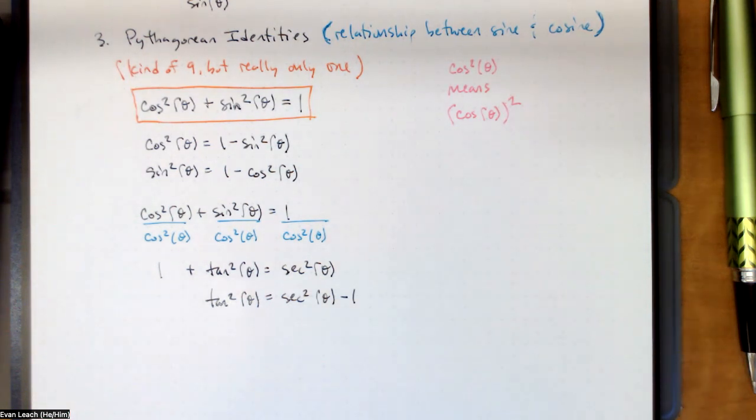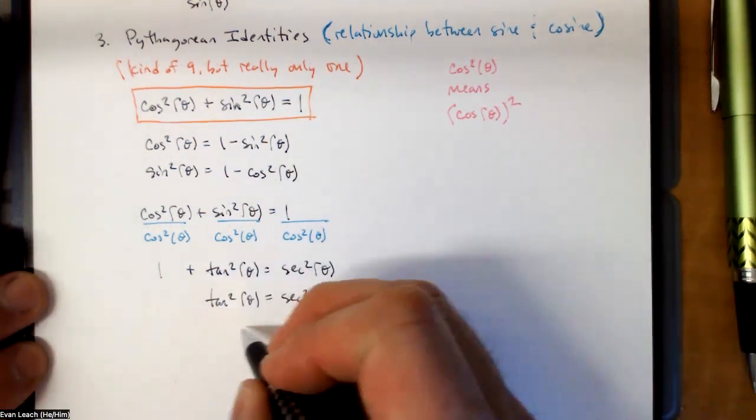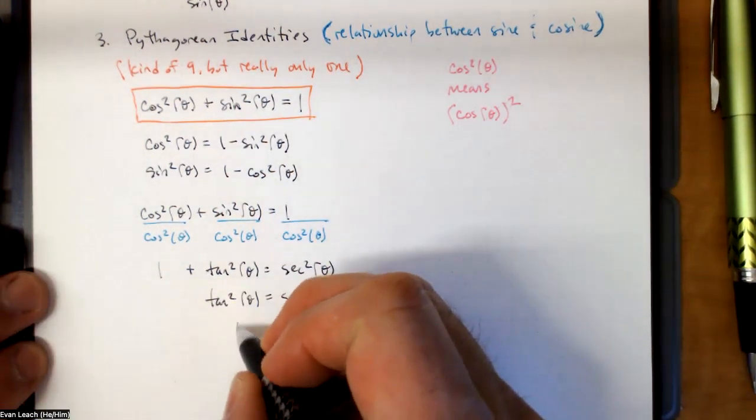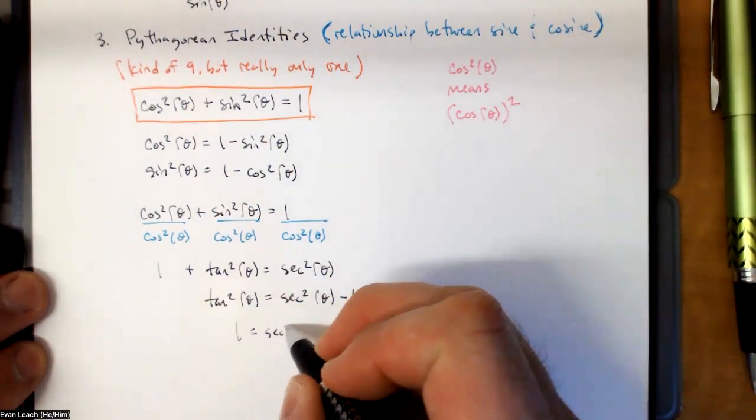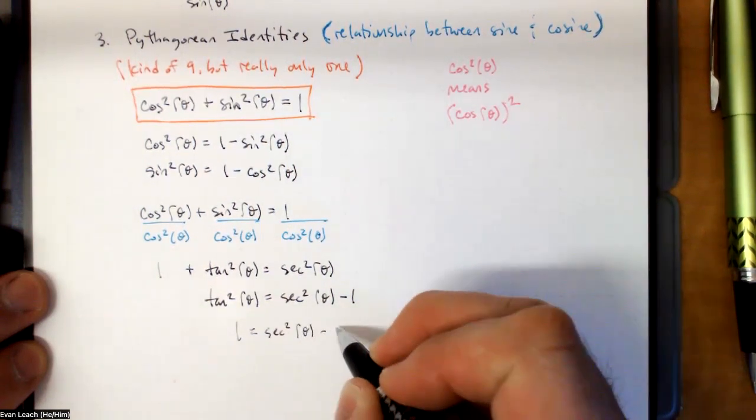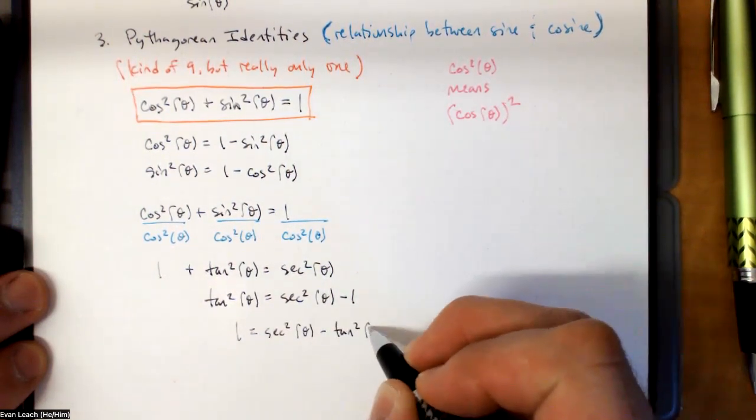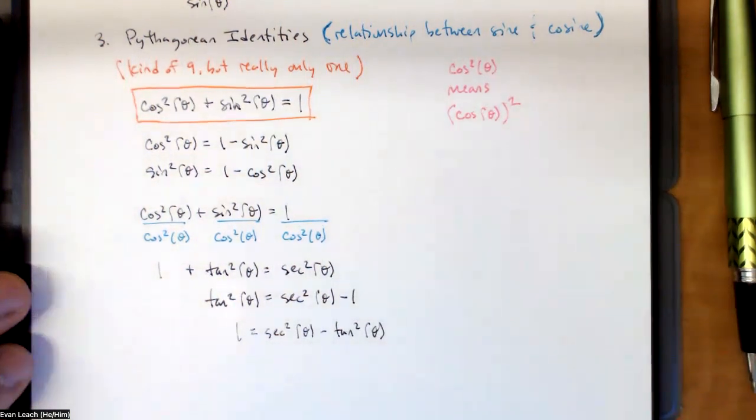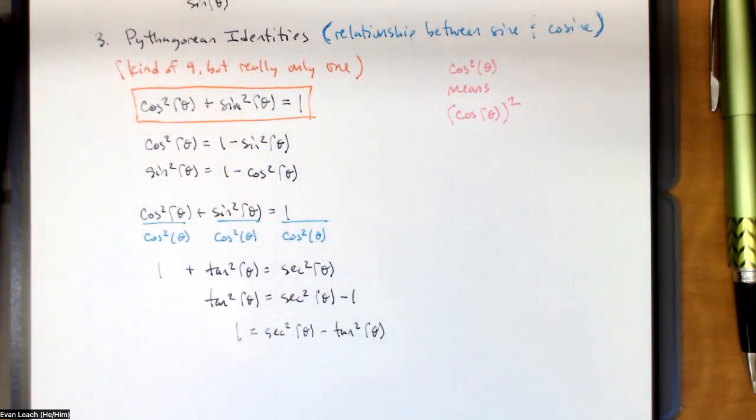And we get this kind of weird one where 1 is equal to secant squared minus tangent squared. One plus tangent squared equals secant squared is an important one to remember in your future career in math, and tangent squared is secant squared minus 1 is another important one.